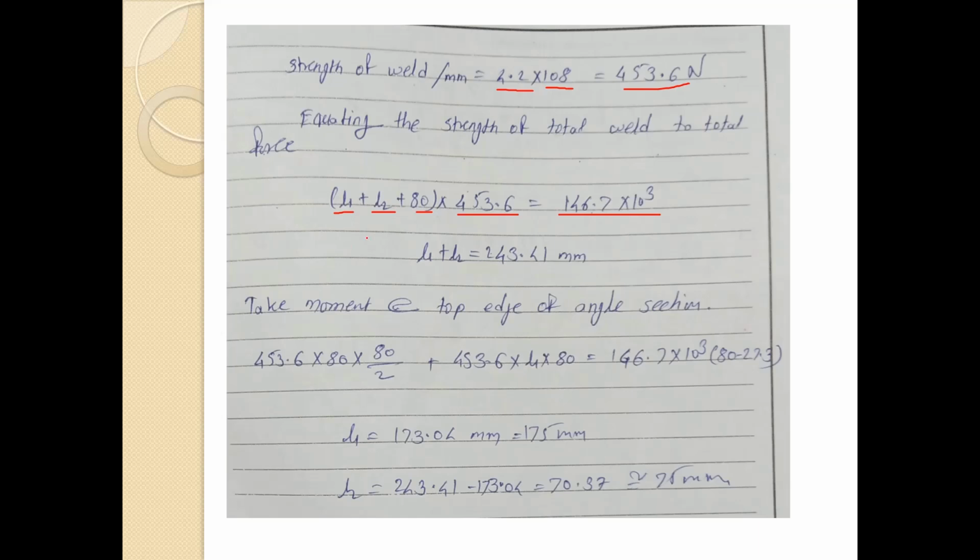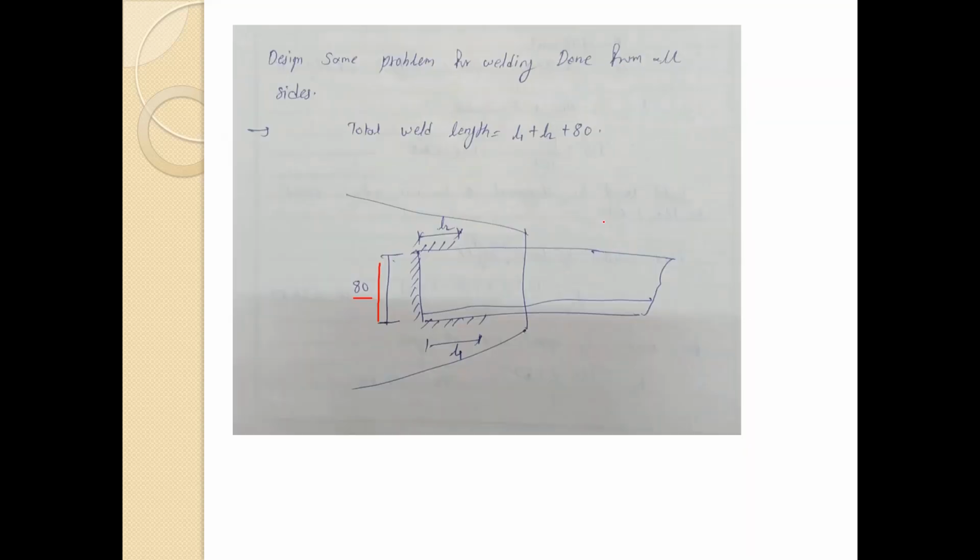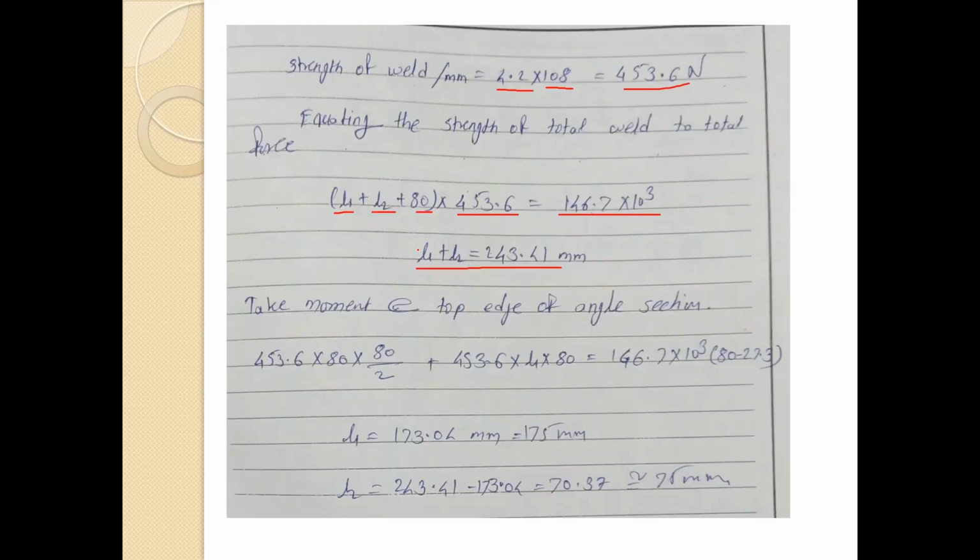So that becomes, we are getting L1 plus L2 equals 243 mm from this equation. So taking moment at the top edge of the angle section. So we are taking moment over this point.